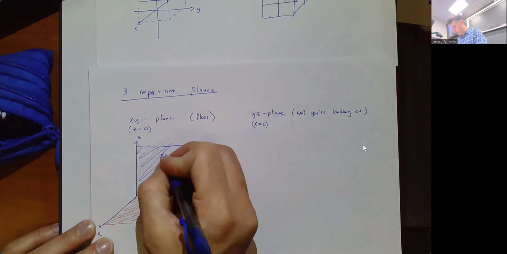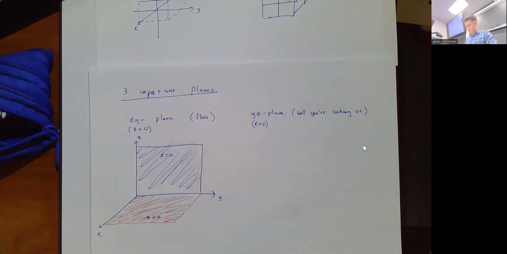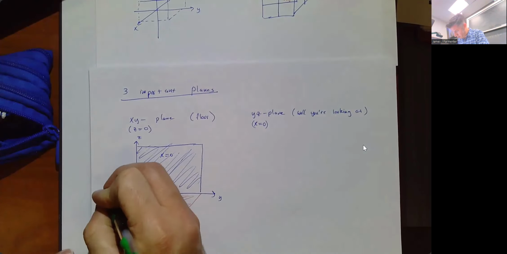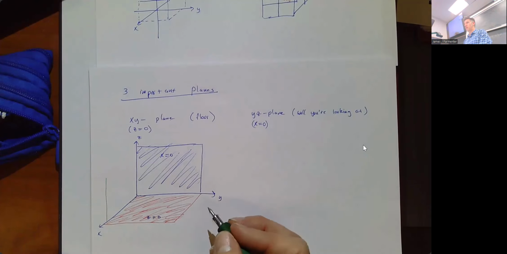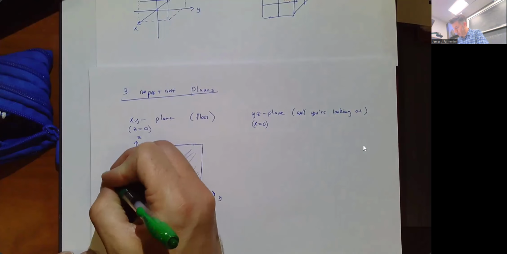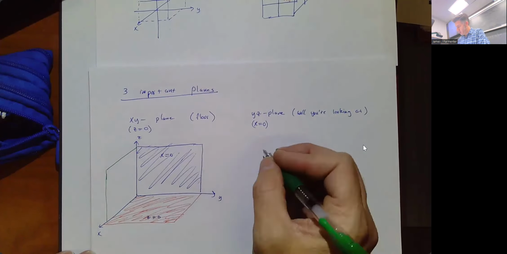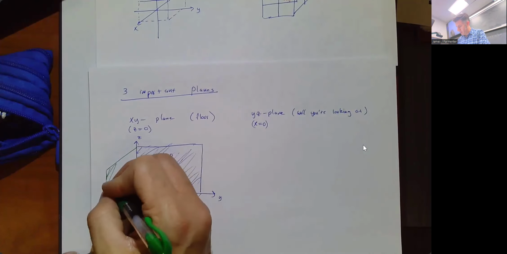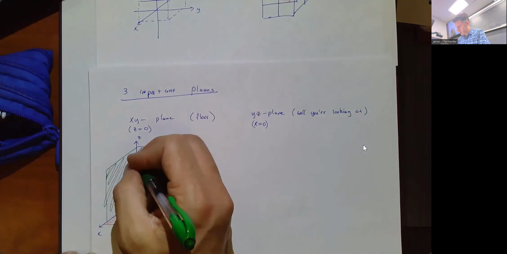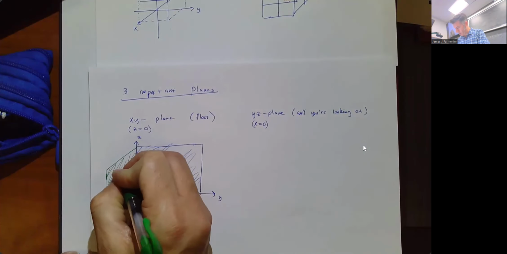And finally, I think you all know what the last one's going to be. Notice when I draw these rectangles, I do draw the lines so they're parallel to the other axes. It just looks better. So here is my XZ plane, where y is equal to 0.